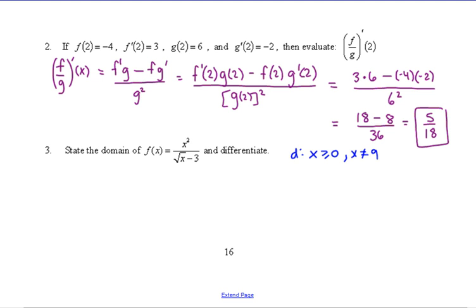So it can't be negative, because you can't take the square root of a negative. It also can't be 9, because then you'd be dividing by 0. So how would you write this in interval notation? Comma, 9, union, there you go, you guys got it. Beautiful. Okay, so now let's differentiate this puppy.